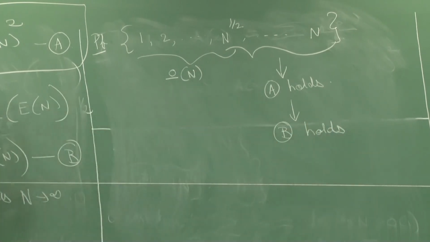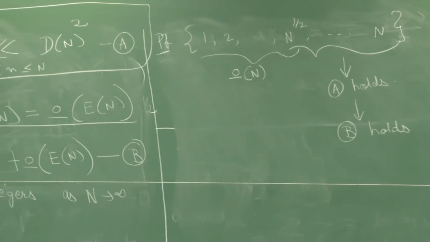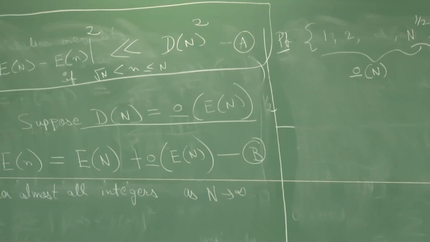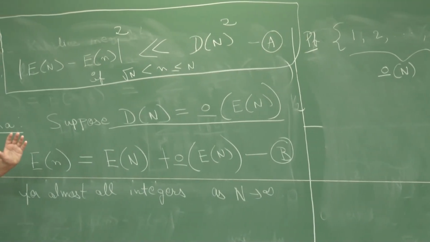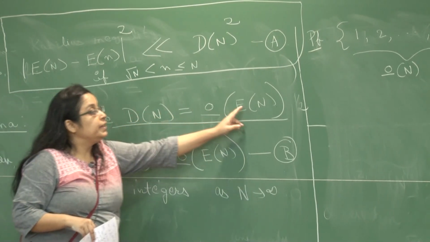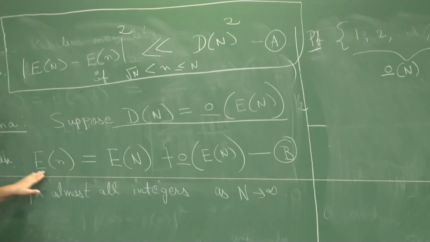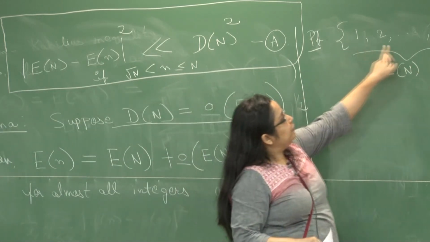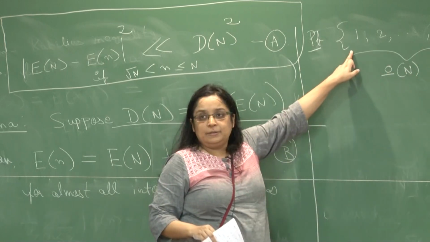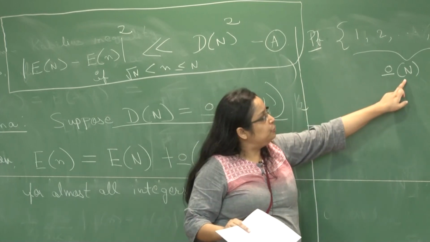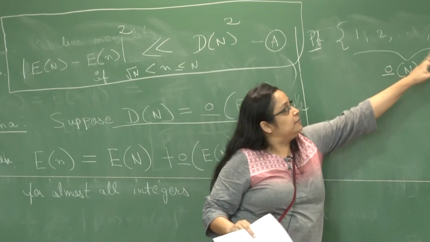If we are given this condition, this is an important hypothesis. The term that shows up in the variance of an arithmetic function about its expected value, if it is much smaller than the expected value, then we have an equality of this form. Now suppose B does not hold for some integers in this range. It does not deter us because there are very few integers as compared to capital N in this range.